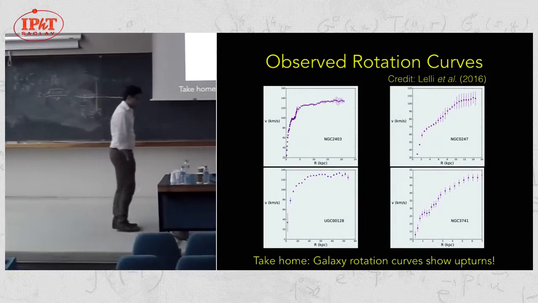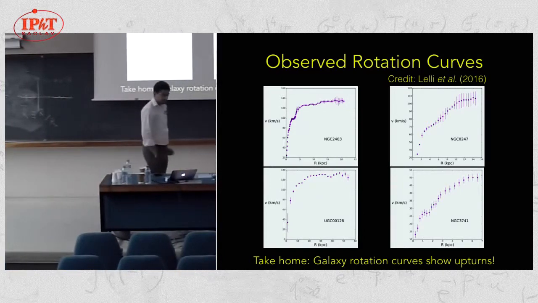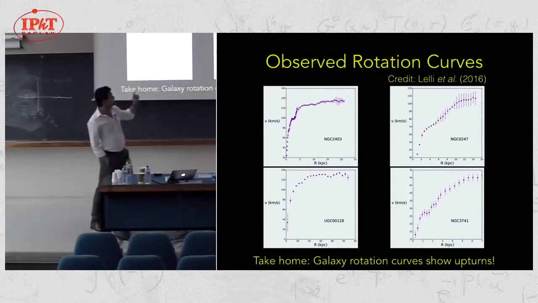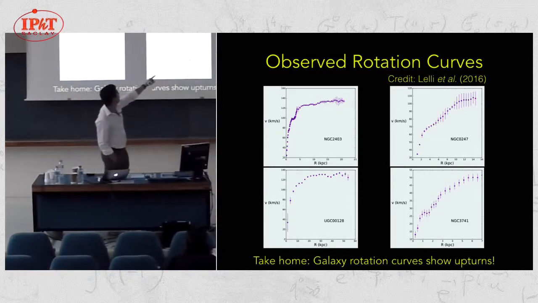Another thing with the core cusp problem is that explaining these upturns in the rotation curves with f of r gravity could actually help us out quite a lot, because a lot of our belief in cores comes from these rotation curves. If we're explaining the outer bits of the rotation curves with f of r gravity, perhaps we don't need cores anymore in the interiors, potentially.